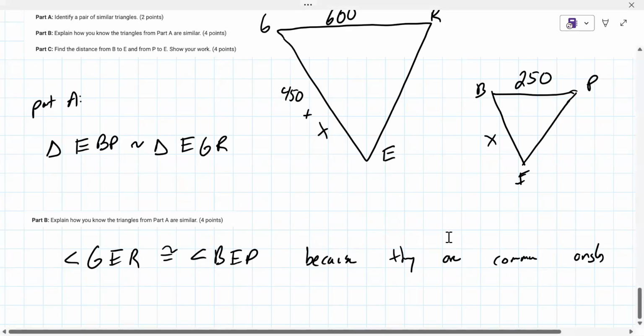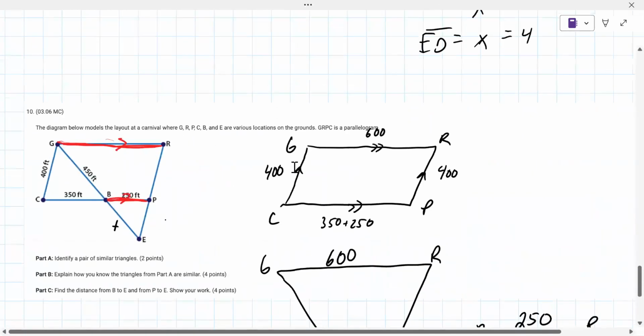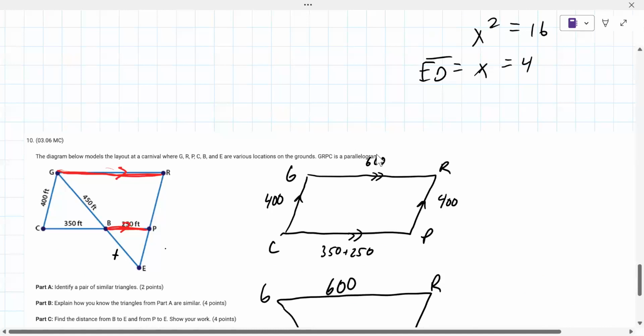That's the easy part of this. There's quite a bit more to do. All right, I think I got that. Okay. Now, we have to go back to the fact that this is a parallelogram.